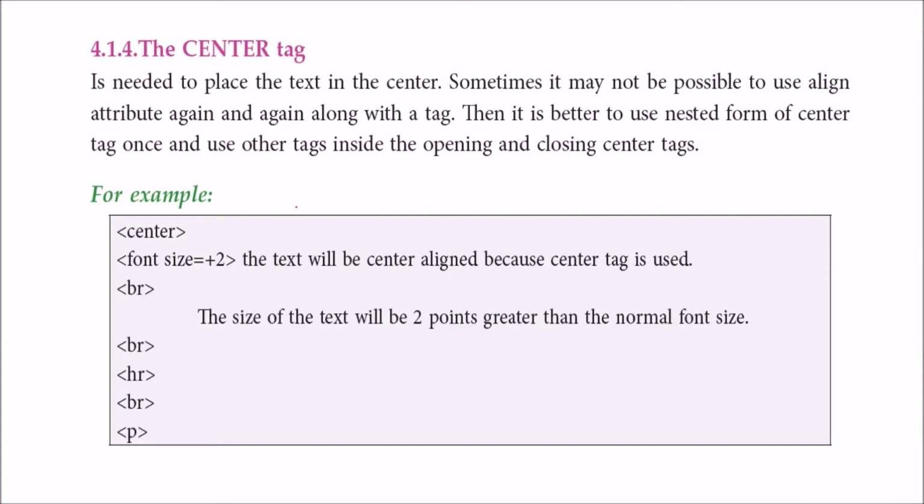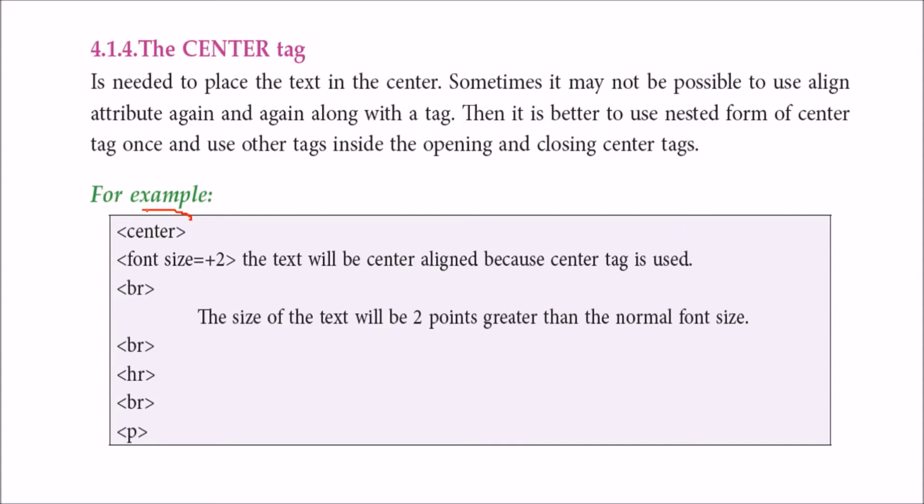The center tag. Sometimes it may not be possible to use the align attribute again and again along with each tag. So what you can do is use the center tag once and use other tags inside the opening and closing center tags.